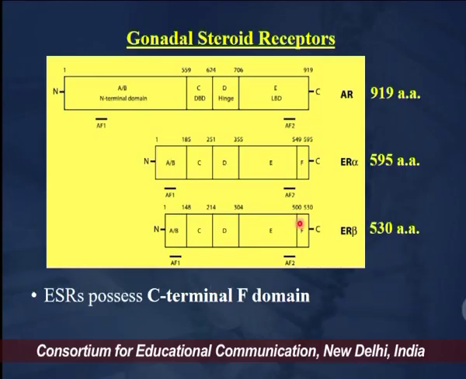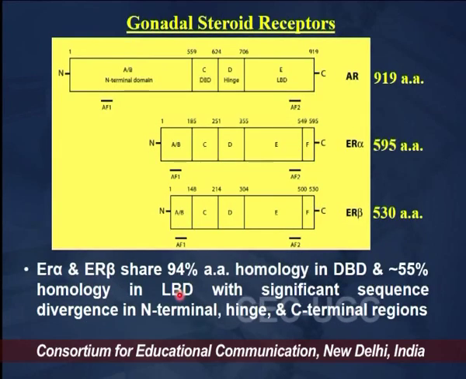There is an additional domain called the F domain, which is not there in the androgen receptor. Also, ER alpha and ER beta share 94% amino acid homology in the DNA binding domain. If you could recall, I have explained that the DNA binding domain is conserved. There is 55% homology in the ligand binding domain, and significant sequence divergence is observed in the N-terminal, hinge and C-terminal regions.